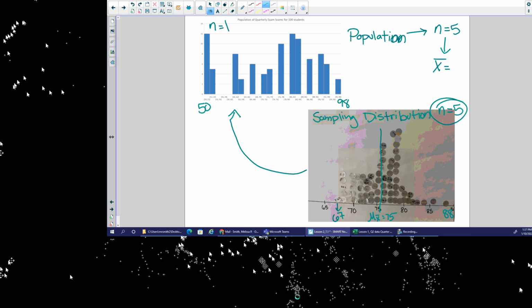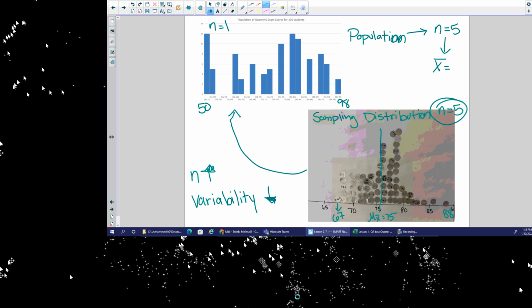When I increase my sample size, and this was a big takeaway, my variability or my spread, my range, my standard deviation, my variance, will decrease.